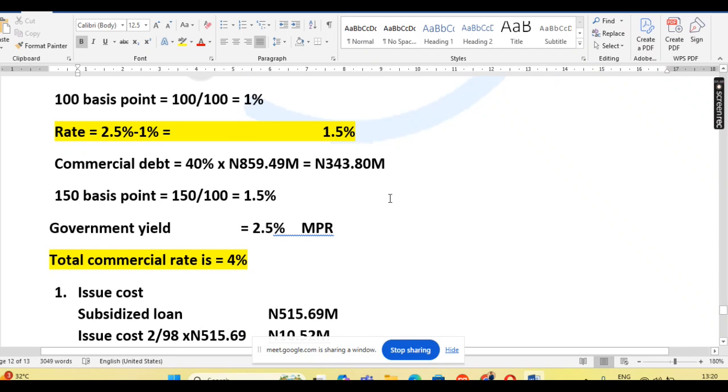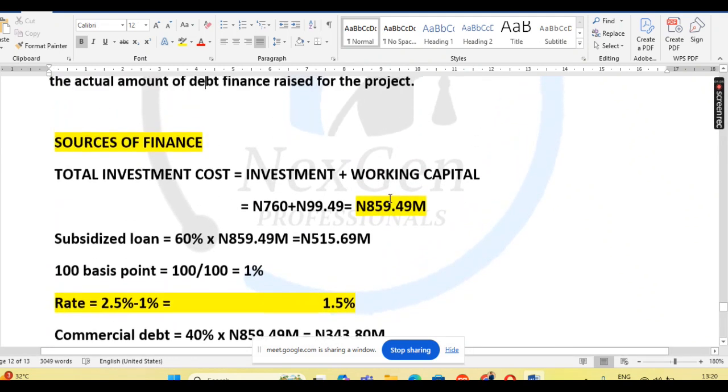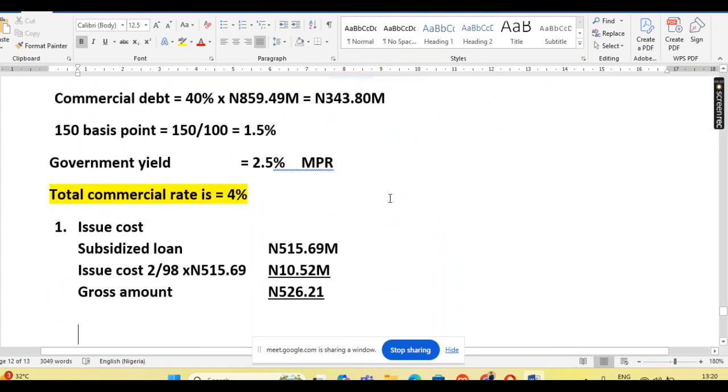So it means both your subsidized loan and the commercial loan will be financed by debt. The issue cost will be on the total entire debt. This will be at year 0, as usual.